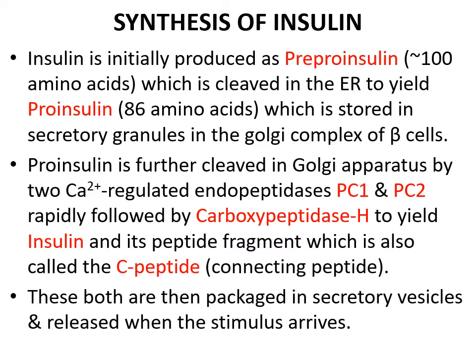So when does insulin secretion occur? As glucose enters beta cells of the islet of Langerhans by GLUT2 transporters, it is phosphorylated and metabolized to pyruvate in the cytoplasm. The pyruvate enters the mitochondria and is metabolized via the TCA or citric acid cycle.